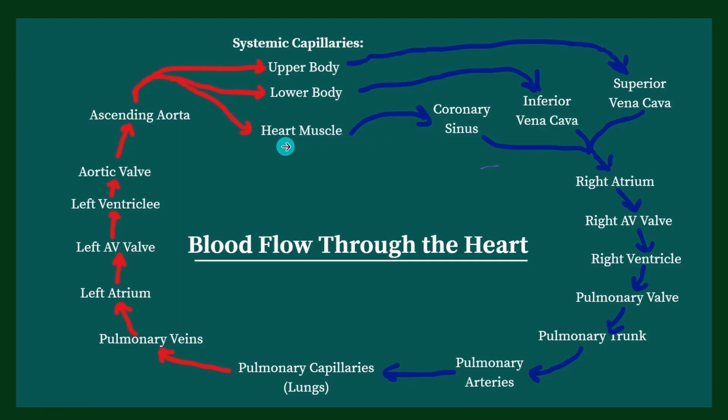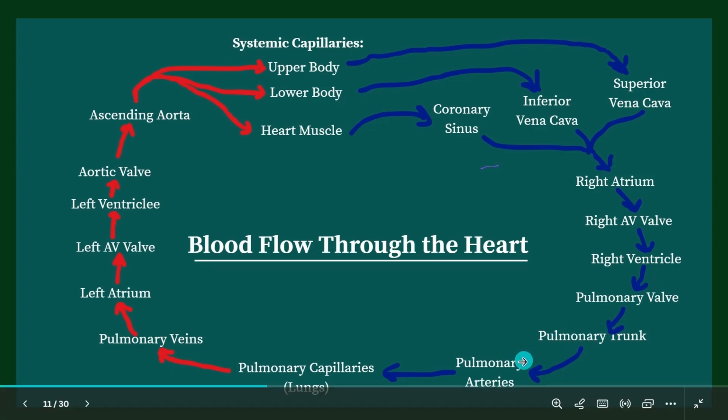The heart muscle has its own capillaries. So that blood feeds into the vena cava, the superior and inferior. So it goes right atrium, atrioventricular valve, right ventricle, pulmonary valve, pulmonary trunk, pulmonary arteries, out to the pulmonary capillaries, which is in your lungs.